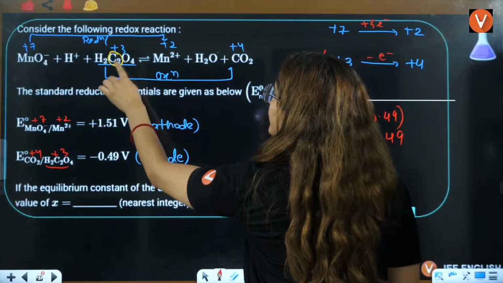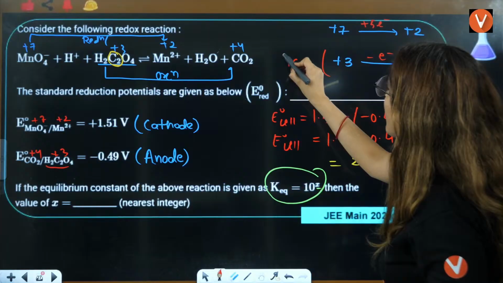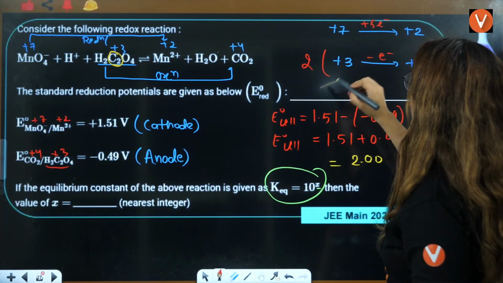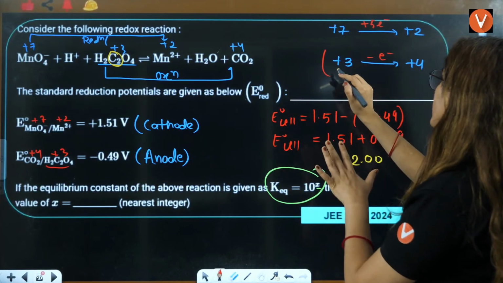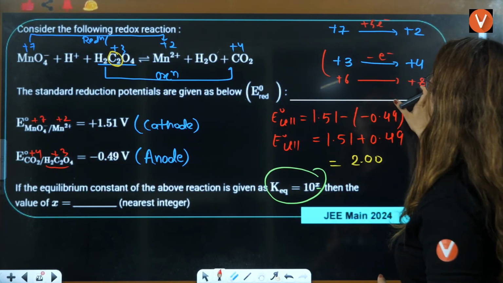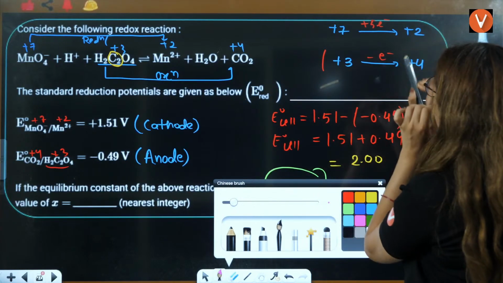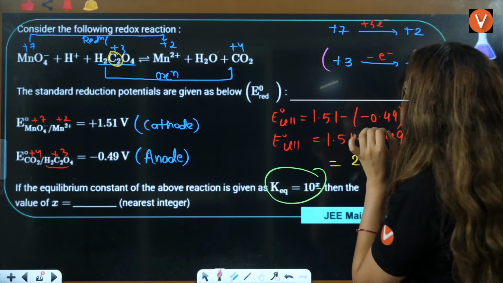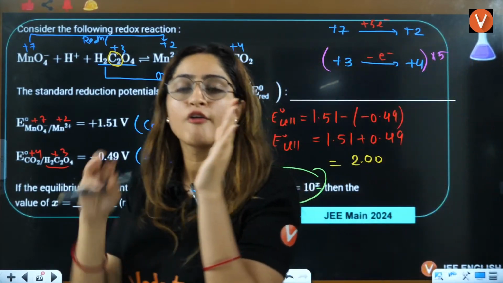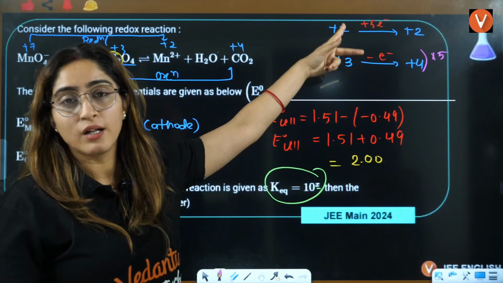But here you have 2 carbons. So you have to do it for 2 carbons, so it will be multiplied by 2. It will be 2, which means this will become plus 6 to plus 8. If you see the difference here, that is 1. When you multiply this with 5, for one carbon, 5 electrons are gained or lost to make this equal, right?